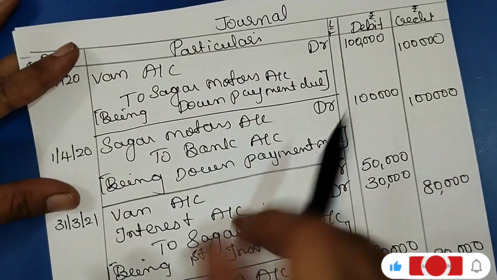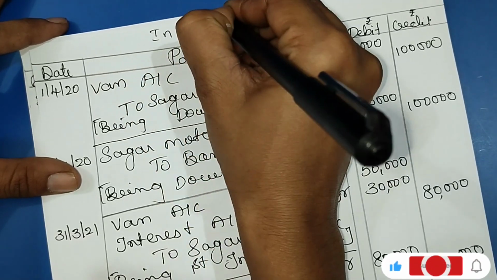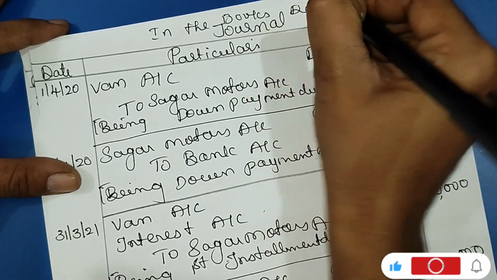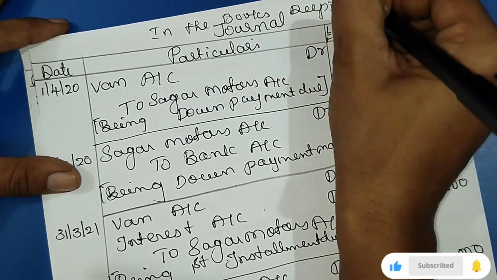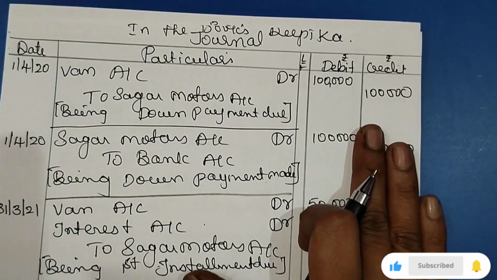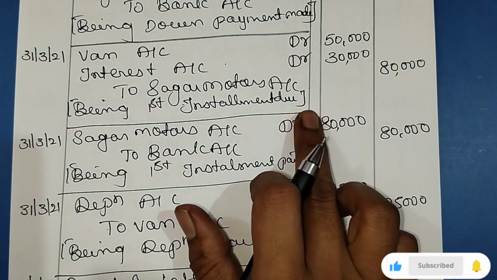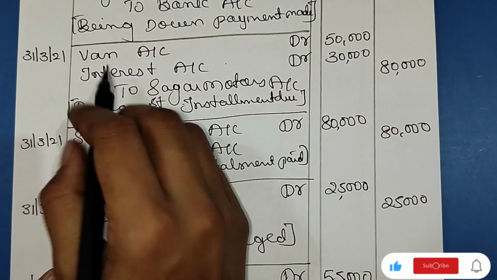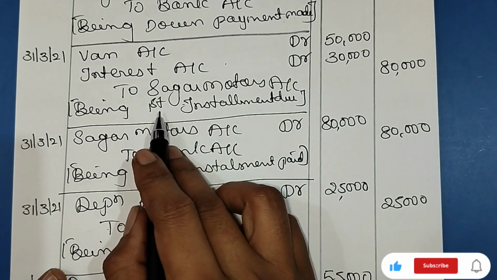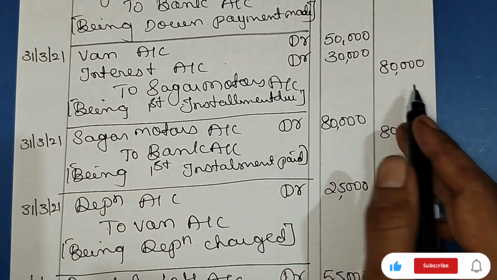And these journal entries we have passed in the books of Deepika, the hire purchaser. The first entry for the installment is the due entry. We have debited van and debited interest by crediting our vendor account, that is Sagar Motors account.